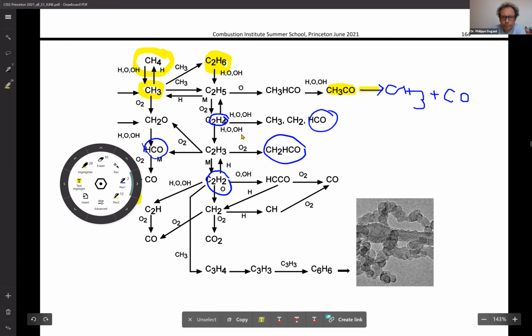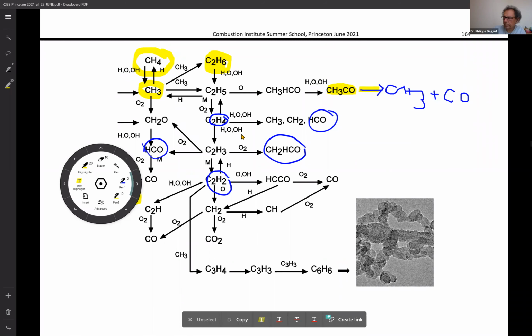And I think I told you before that acetylene is a key compound in molecular growth, which means the formation of aromatics, polyaromatics, and soot.